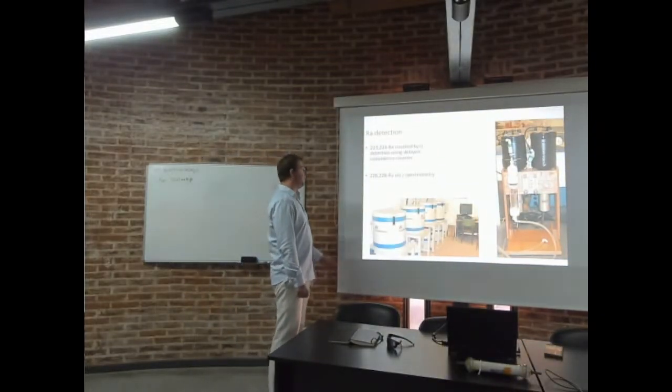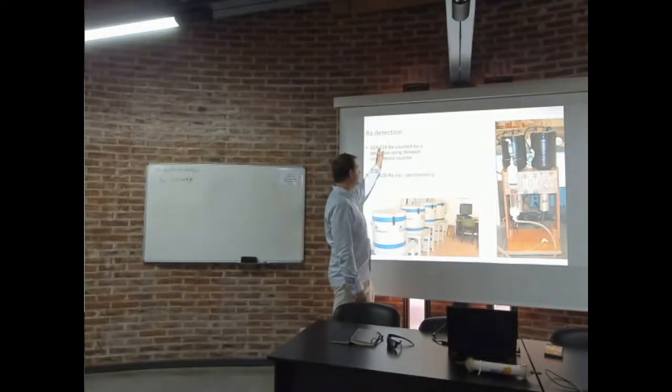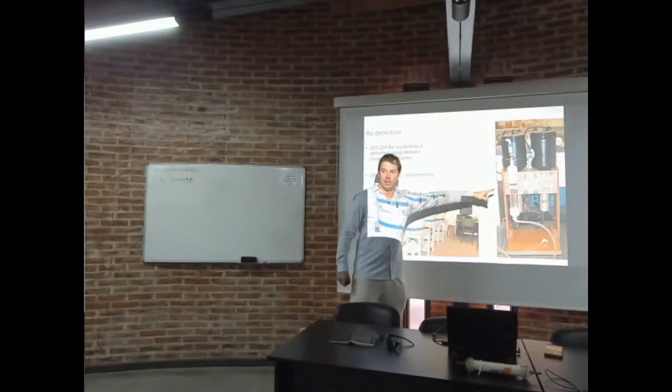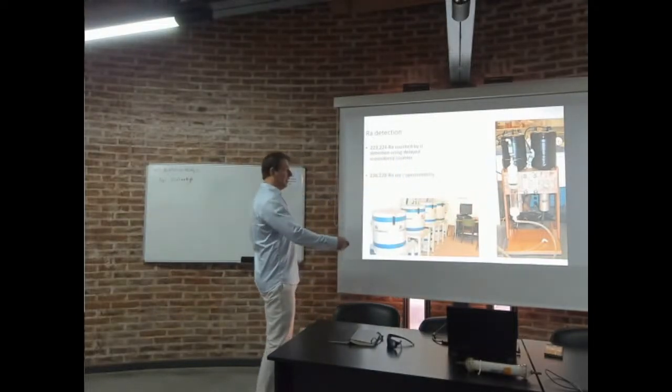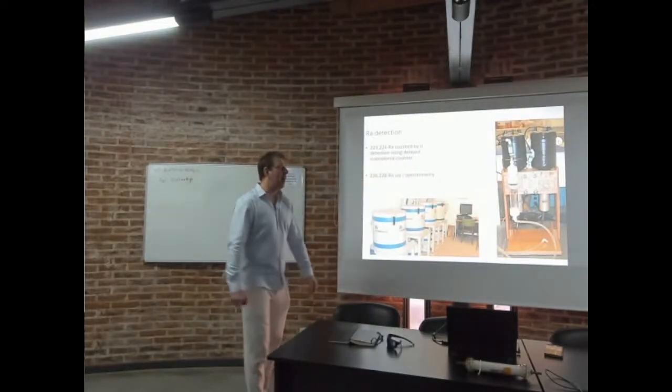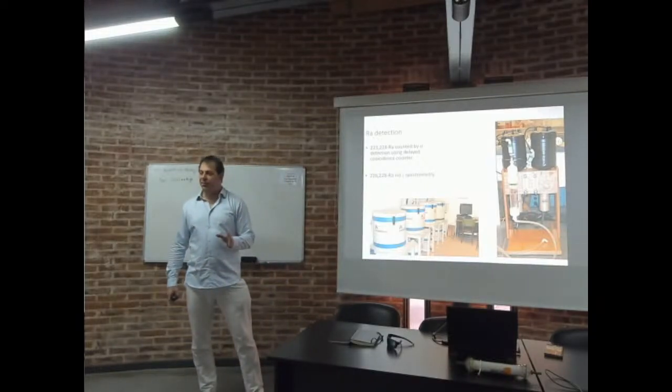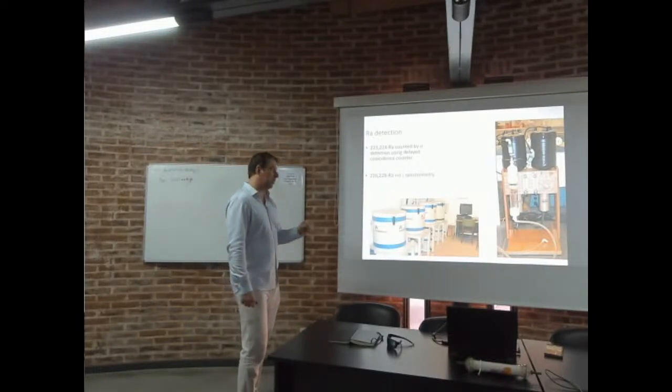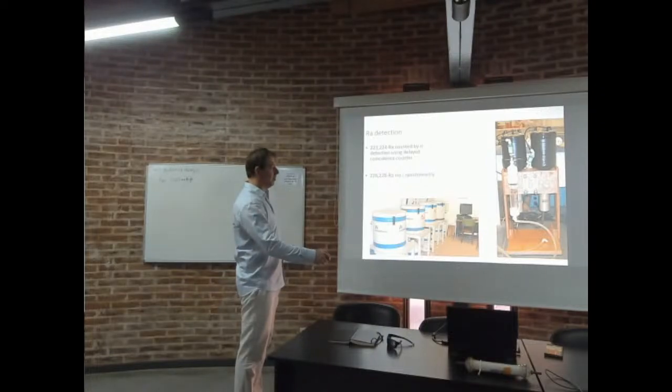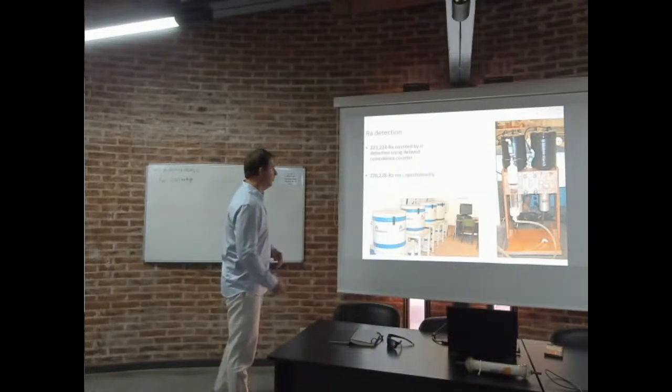And so we count the short-lived isotopes, 223 and 224, by alpha detection using the delayed coincidence counter here. And that takes about an hour and a half to 2 hours to do each sample, and usually you can do 2 samples at a time in the system.